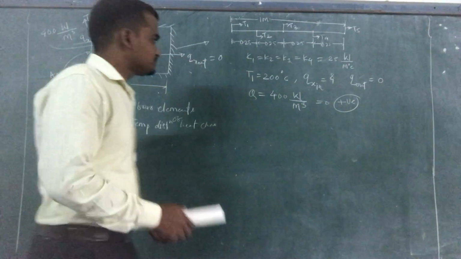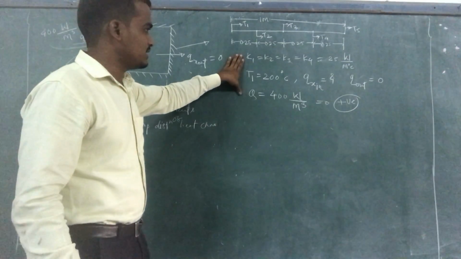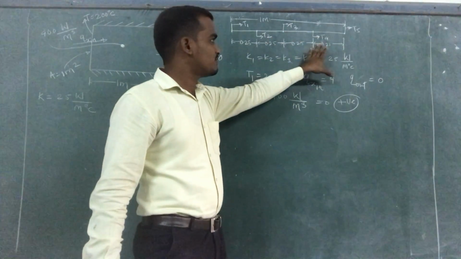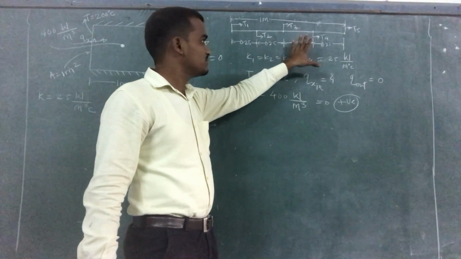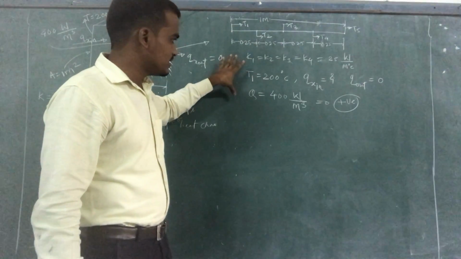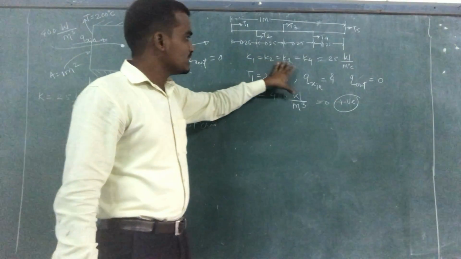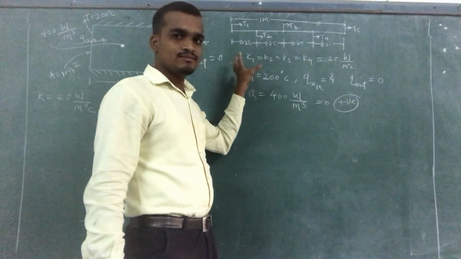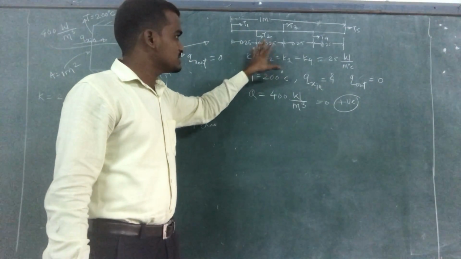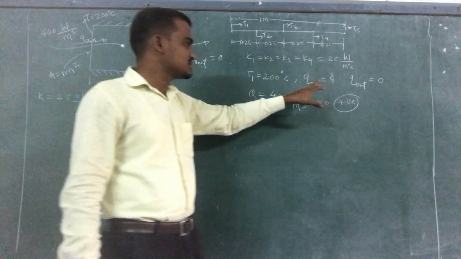Okay, so these are the input data to find out the temperature distribution for these 5 nodes. At these 5 nodes, we need to find out the temperature values. So this is the given data. K1, K2, K3, K4 are all the same because the thermal conductivity of the heat chamber is given equal to 25 watt per meter degree Celsius.